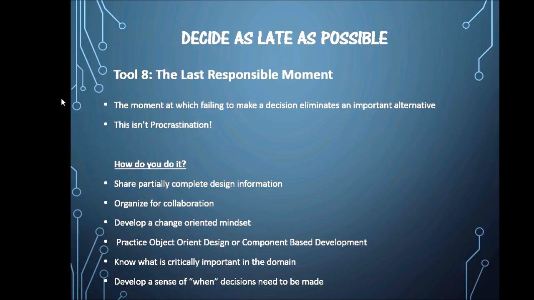Organize for collaboration. Develop a change-oriented mindset. Practice object-oriented design or component-based development. Know what is critically important in the domain. Develop a sense of when decisions need to be made.